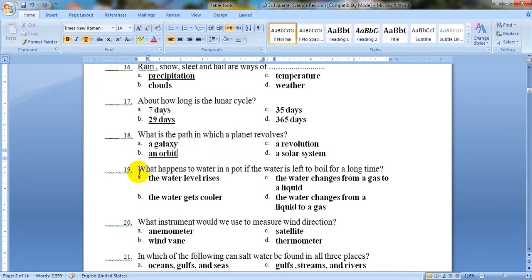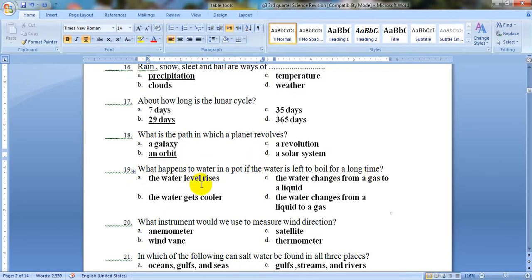19. What happens to water in a pot if the water is left to boil for a long time? If you leave the water boiling for a long time, or if your mom is even making any hot drink, what will happen to this water which is liquid?